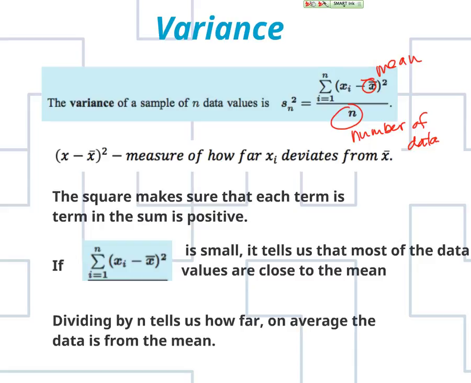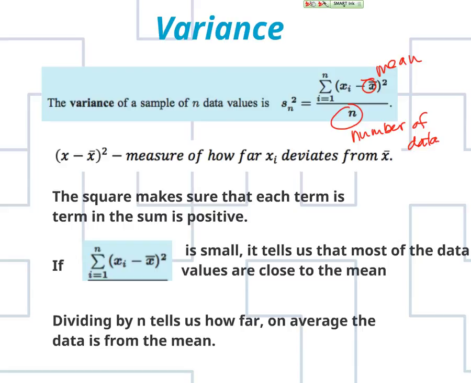The square makes sure that each term in the sum is positive. So we have got to square it so it's positive.